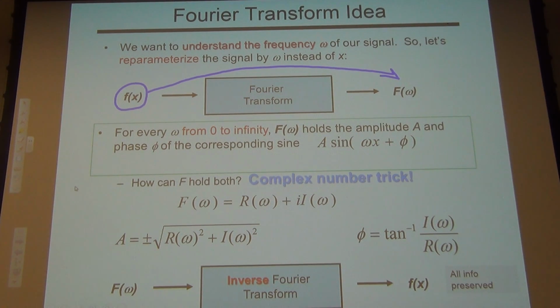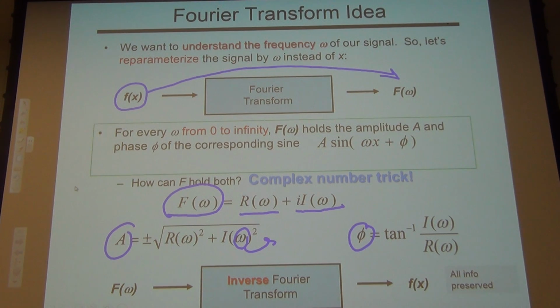This time we use the complex number trick. For some determined frequency, we know this function can be written as the real part plus the imaginary part, in the way of a complex number, and we have the amplitude, the phase, and also the omega information.